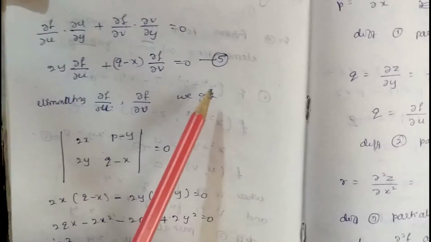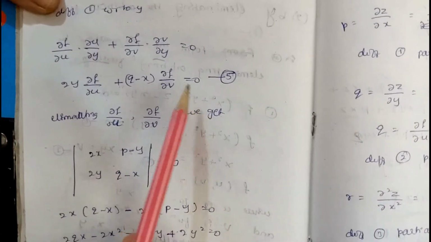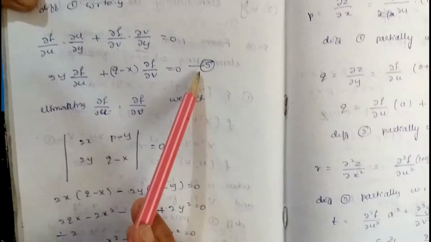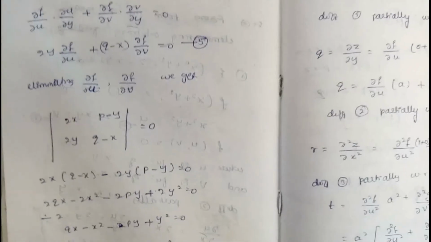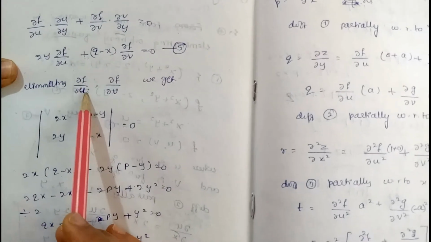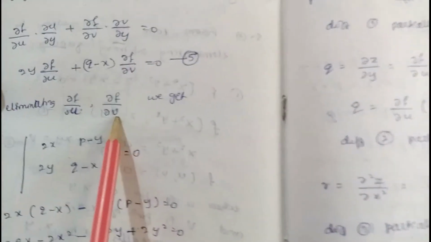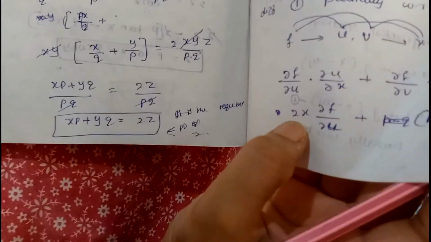Next we have to solve equations 4 and 5. Here observe that equations 4 and 5 are simultaneous equations. We have to solve this using the determinant method, that is, we have to eliminate the values of ∂f/∂u and ∂f/∂v. We get the determinant of, what is the coefficient of ∂f/∂u? 2x.